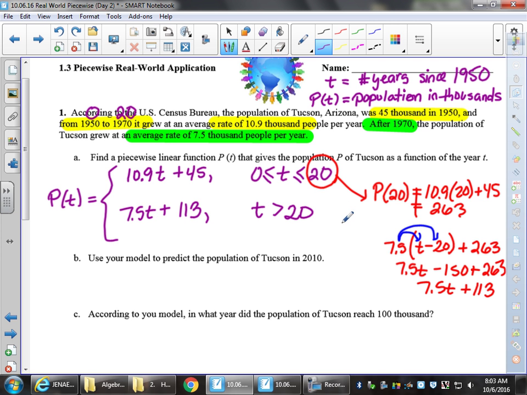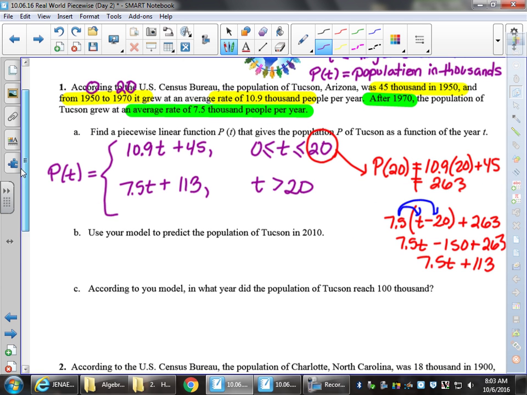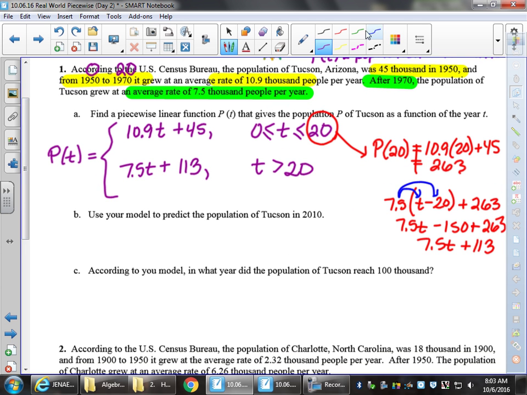So now let's use our model. Predict the population of Tucson in 2010. What are we going to do? Remember, the answer was plug this in, but I need to know how many years after what. So we're going to do 2010 minus 1950, and you get 60. So which piece will we substitute into?